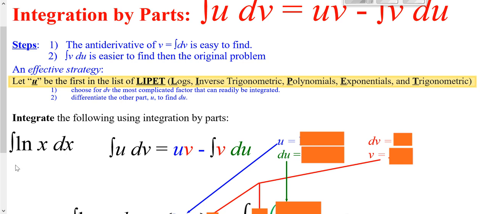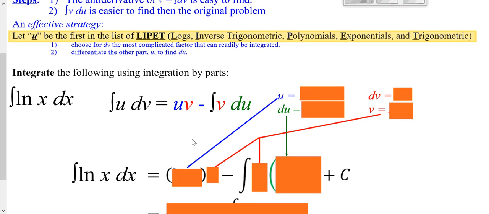So suppose we want to go ahead and try to integrate the natural log. Up to this point, we've never been able to take the integral of the natural log. We've been doing the derivative of natural log for quite a while now. So we have our integration by parts formula right here with colors.